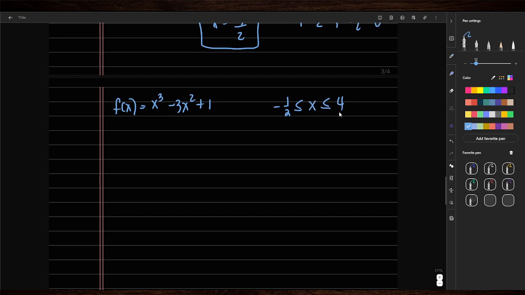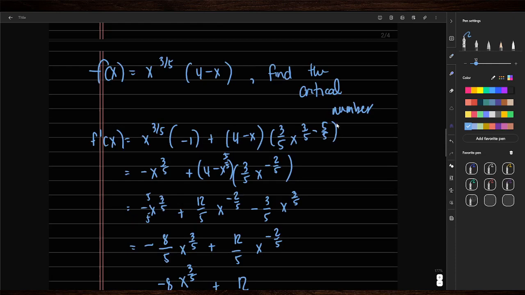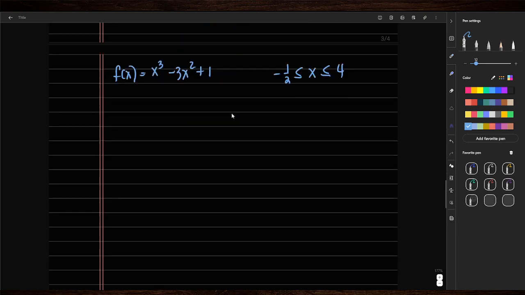Now again, the first problem that we received is just an equation, no? And so there is no given interval. And the second problem that we have is a function here, but we have a given interval. By the closed interval method, we need to derive this one and equate it to 0 and find the values of the critical numbers.